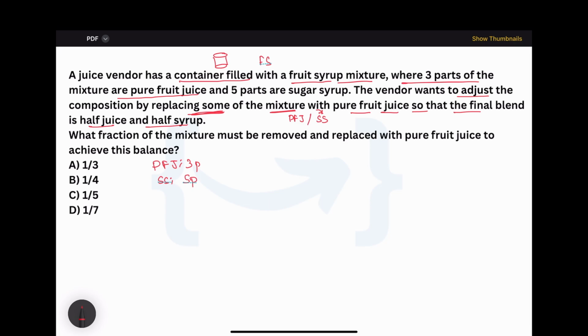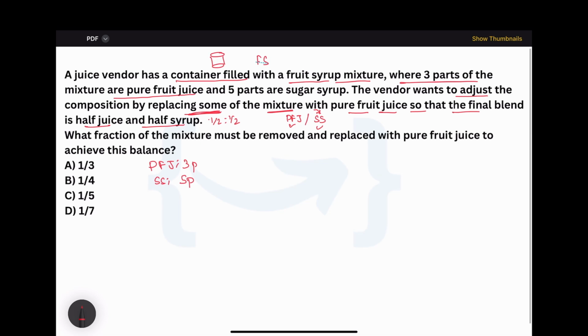He wants half on both sides. So he will remove some of the juice as well as some of the syrup, but if he is removing from the sugar syrup chunk, he will add pure fruit juice instead to make it balance.